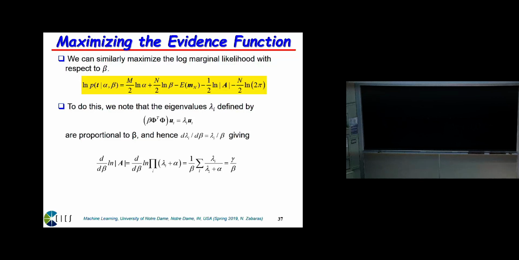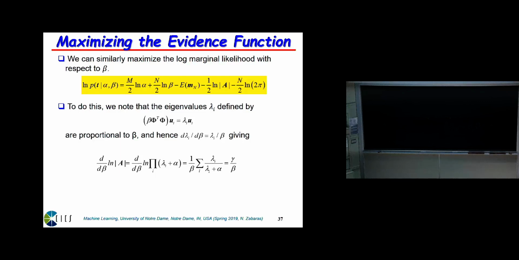To do this, we need to know the derivatives of lambda i with respect to beta. That also sounds very complicated. But actually, if you look at this equation, as beta increases, if you double beta, lambda i doubles. So the derivative of lambda i with respect to beta is nothing else but lambda i over beta.